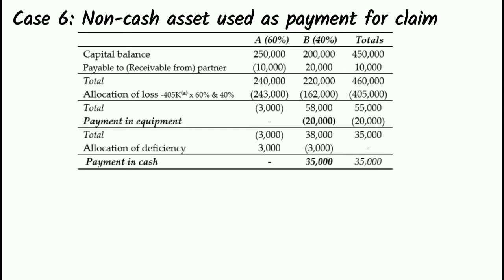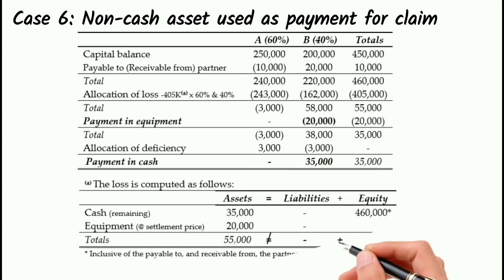At this point, kailangan nating i-compute yung total loss na i-allocate natin sa mga partners. Ang remaining cash ay 35,000 pesos. At ang settlement price ng equipment ay 20,000 pesos. So, ang total assets ay 55,000 pesos.